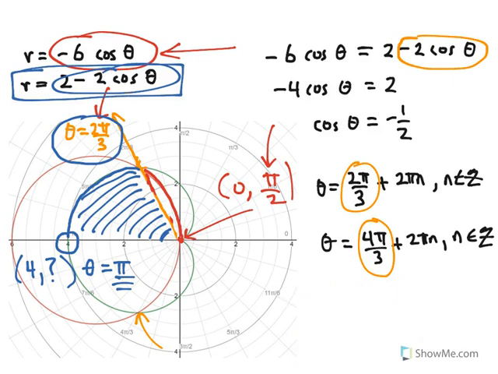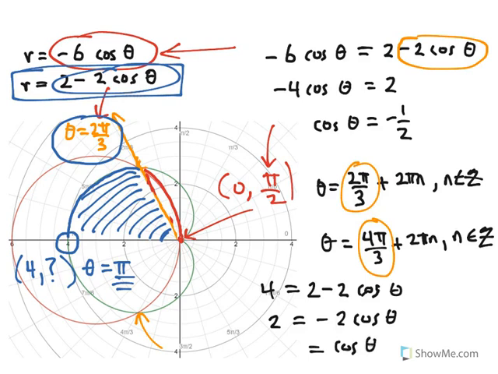So when we do that, we will have r is equal to 2 minus 2 times cosine theta, and we will set r equal to 4 and solve for theta. Subtract 2 from each side of the equation, and you get 4 minus 2 is 2. Divide each side of the equation by negative 2, so you get cosine of theta is equal to negative 1.